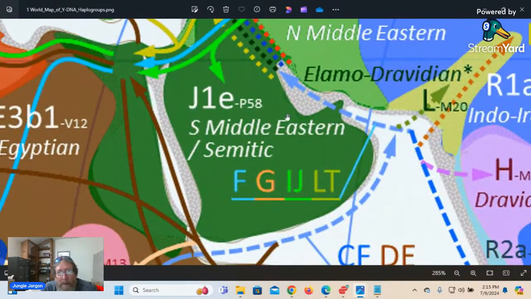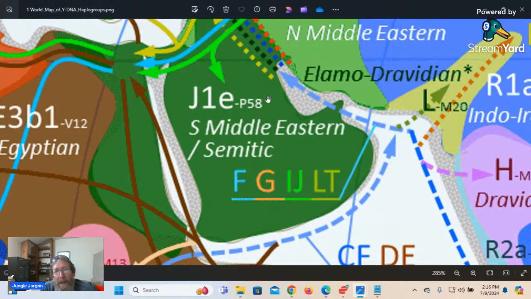But the one that was almost 50% of the population had this marker, identifying J1P58 as being the descendants of Aaron, which, of course, identified the tribe of Levi.